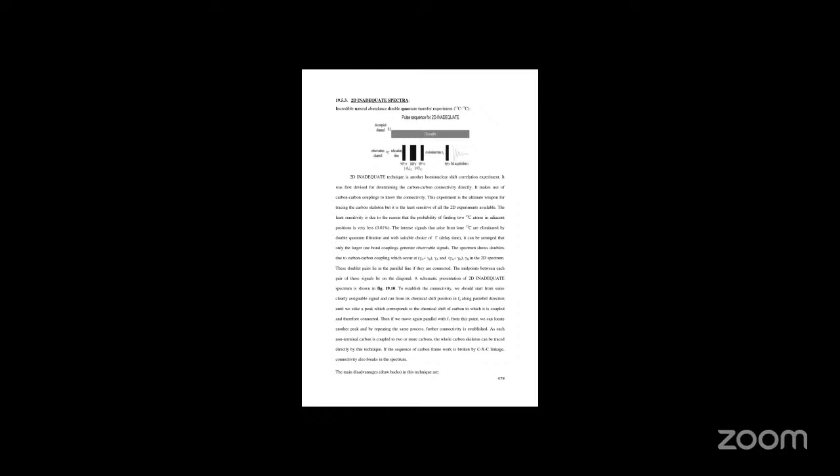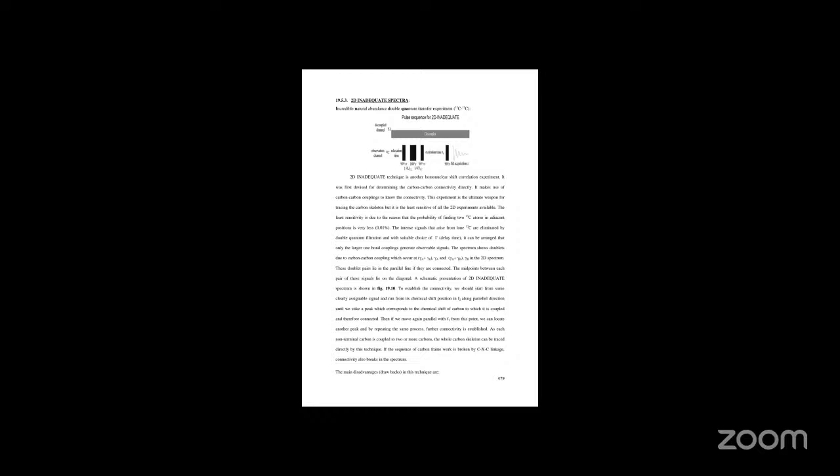technique is one of the classic correlation experiments. It was first devised for determining the carbon-carbon correlation connectivity directly. It makes use of carbon-carbon coupling to know the connectivity.